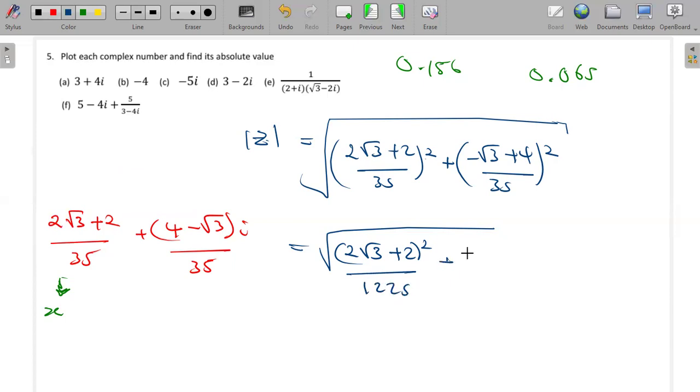Then you have plus (negative root 3 plus 4) squared over the same value, 1225. This whole thing is in a square root.